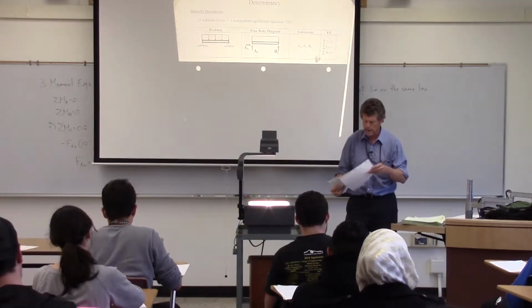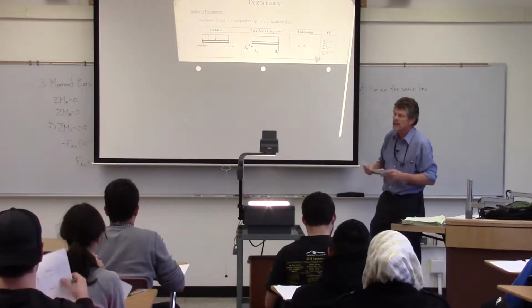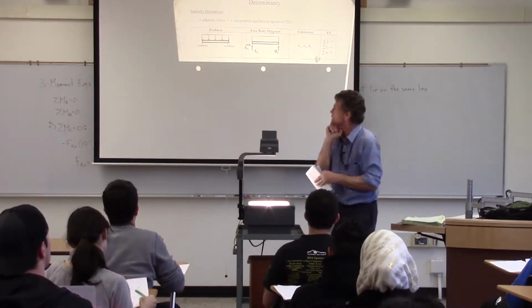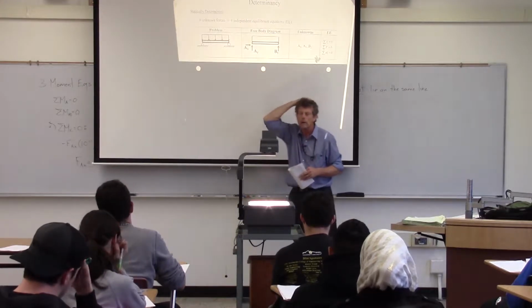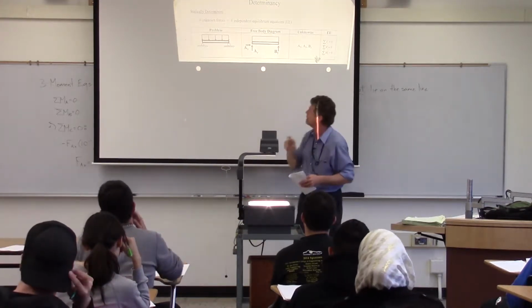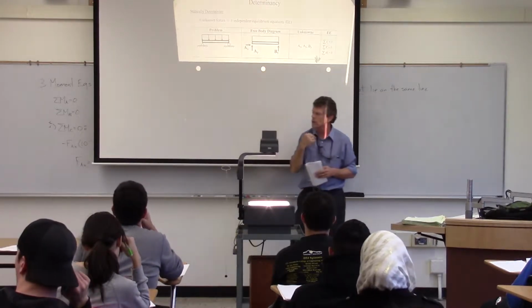Now, what we're talking about in determinacy, what they mean by that word basically, is can I solve for all of the unknown forces? Okay? So our general case, our general 2-dimensional case, if I have a situation where, say, for example, I've got a pin connection and a roller, I draw my free body diagram.